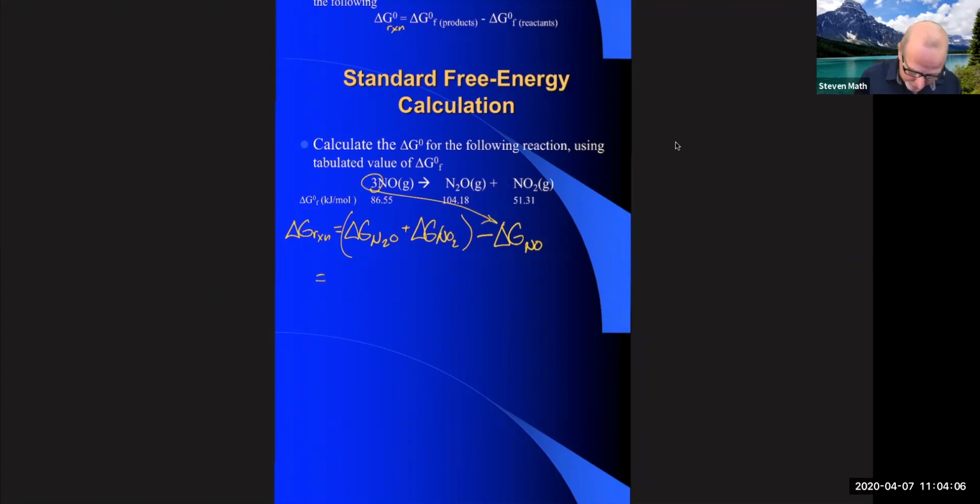This is what it looks like. So we're just going to take 104.18 kilojoules per mole times 1 mole, plus 51.31 kilojoules per mole times 1 mole. How do I know that's 1 mole? There's a 1 coefficient that's implied.